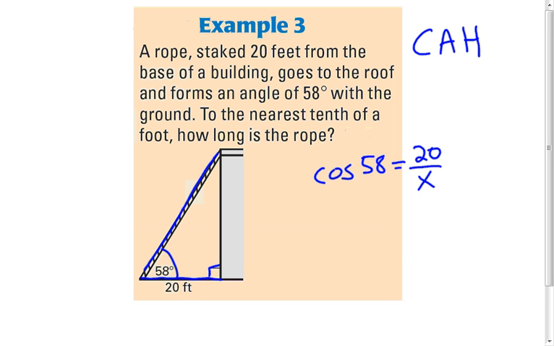So X, or H, or L, whatever letter you want to use. So if we go with the X, simple cross multiplication gives us X equals 20 divided by the cosine of 58. So you just do 20 divided by the cosine of 58, and that ends up being approximately equal to 37.7 feet for the length of the rope. There you have it.